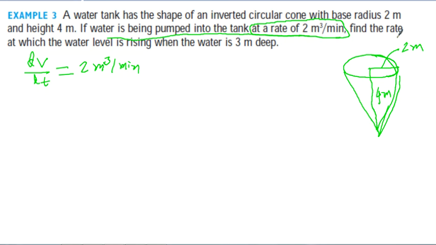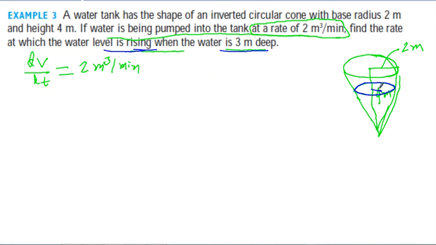Now find the rate at which the water level is rising when the water is 3 meter deep. Somewhere here the water level is at 3 meter. At that time you are supposed to find the rate at which the water level is rising.